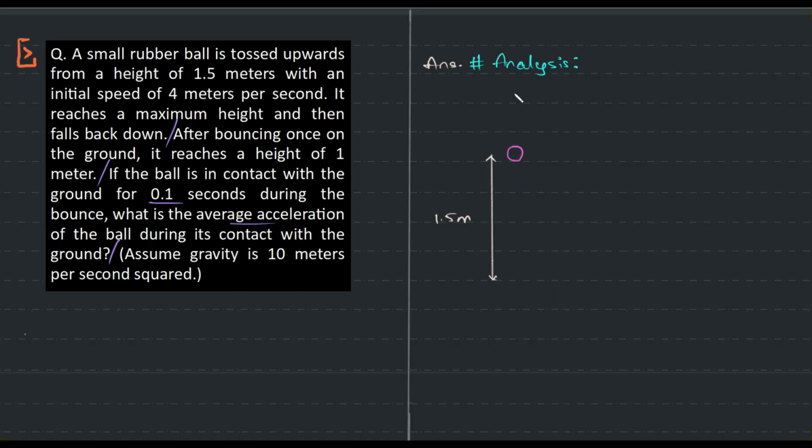It's thrown up. We don't know the initial velocity. And it reaches the ground and then it will bounce basically, right? So once it reaches the ground, it's in touch with the ground for 0.1 second and then again it rises to a height of 1 meter.